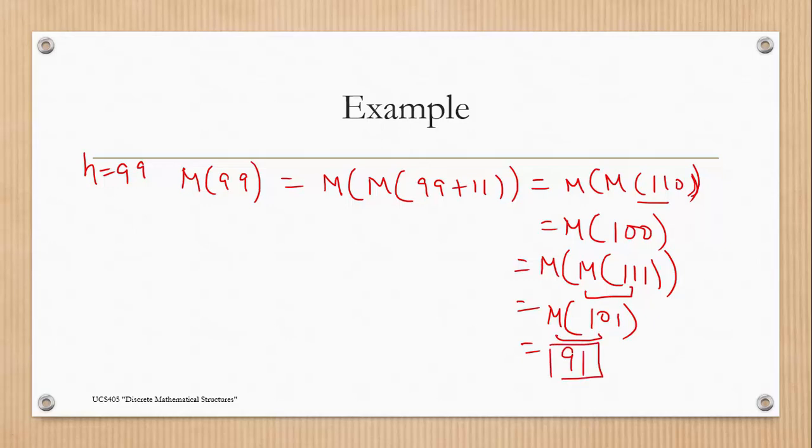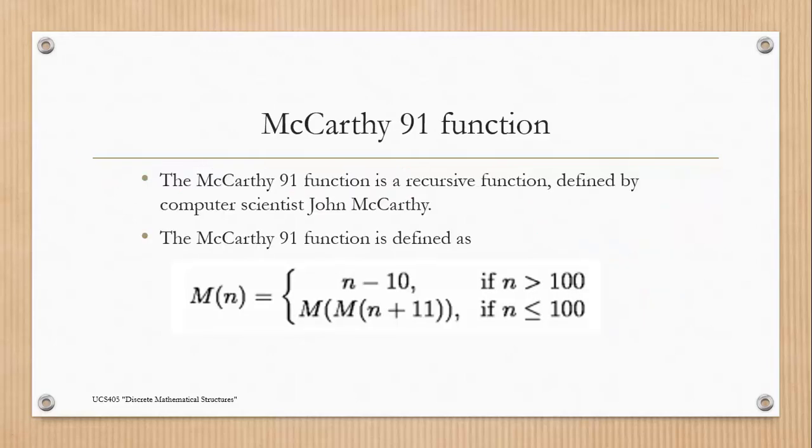So the value of McCarthy function for n equal to 99 is 91. You can solve this McCarthy function for any value of n ranging from 1 to 101. You will get the value of function as 91. That is why it is known as McCarthy 91.